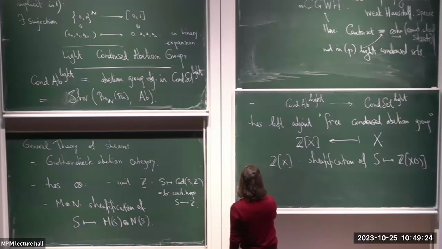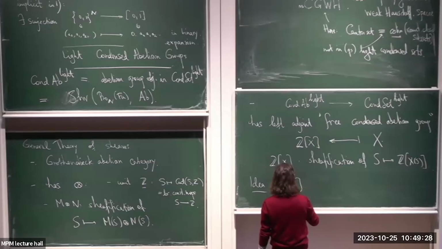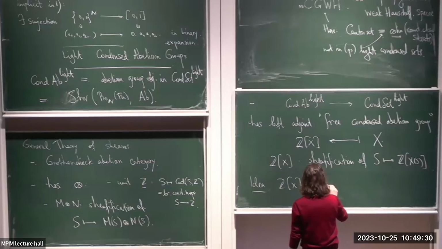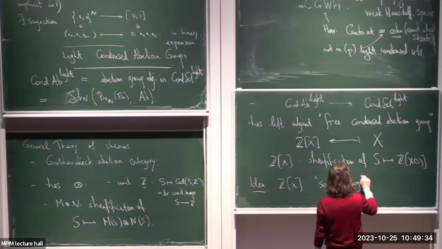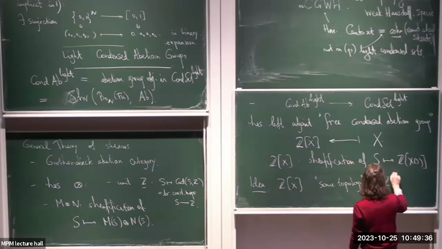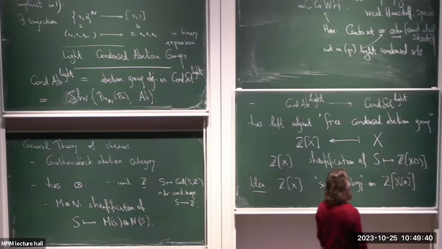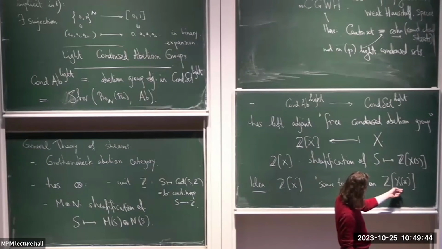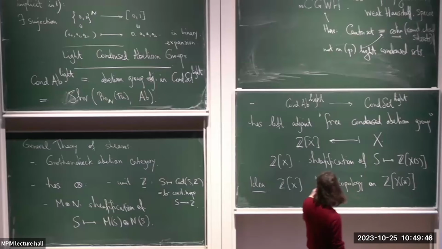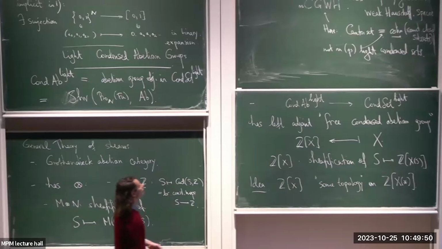So the idea is that this guy has some topology. What is the underlying group of this? It's just the free group on X(*). So if you have any kind of topological space, you can just take the free abelian group, of course. And then this machinery will put some kind of topology on the free abelian group.